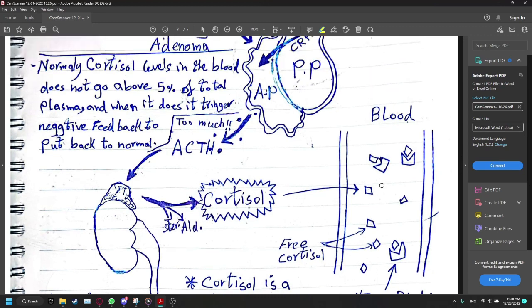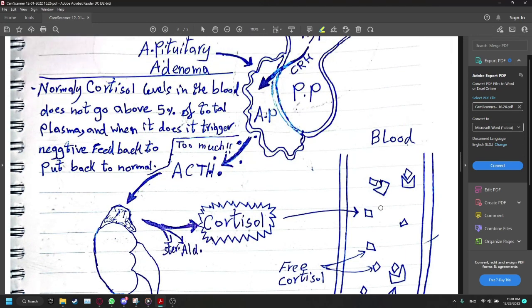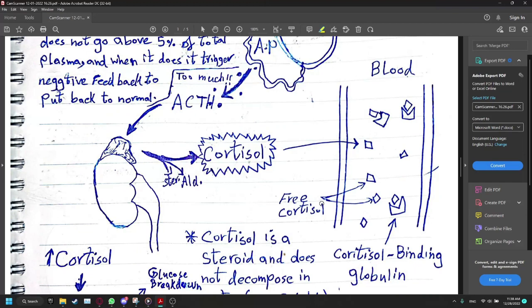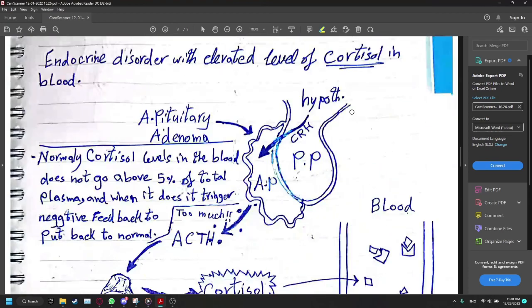And when there is free cortisol, it means there is higher than average levels of cortisol here, which is a problem.